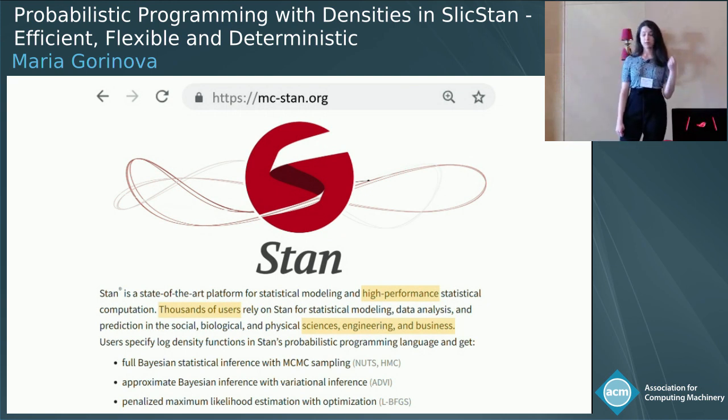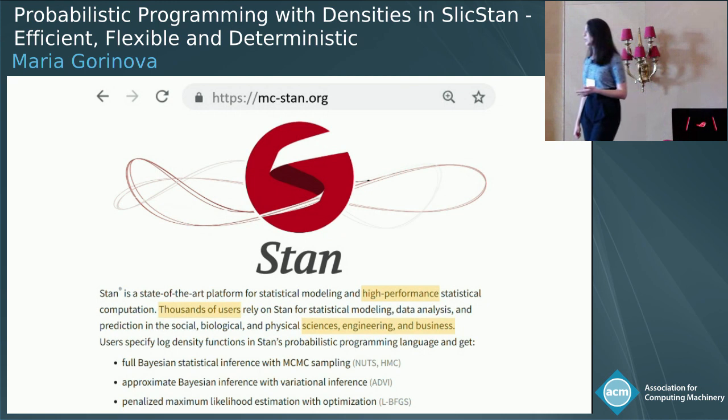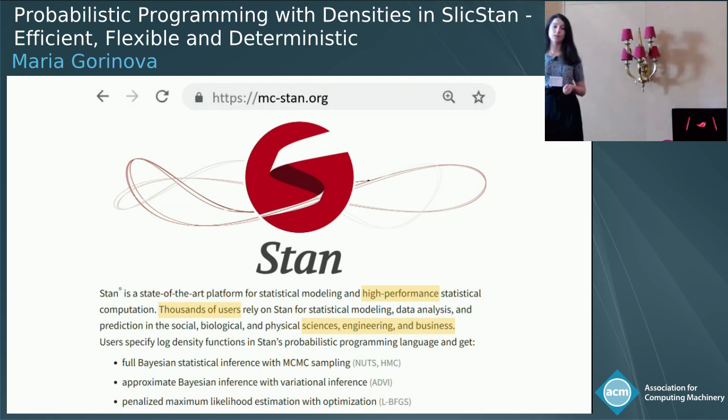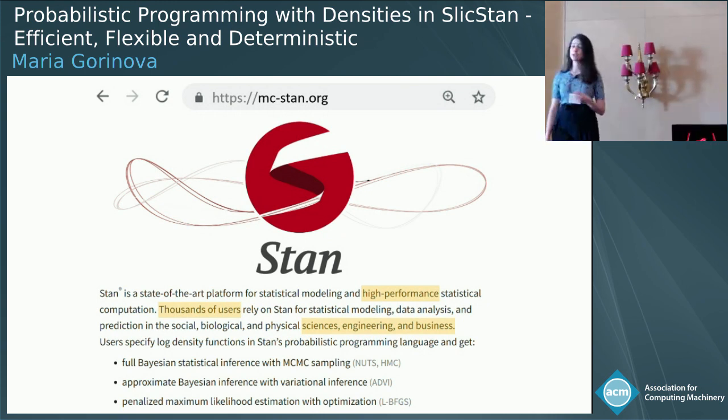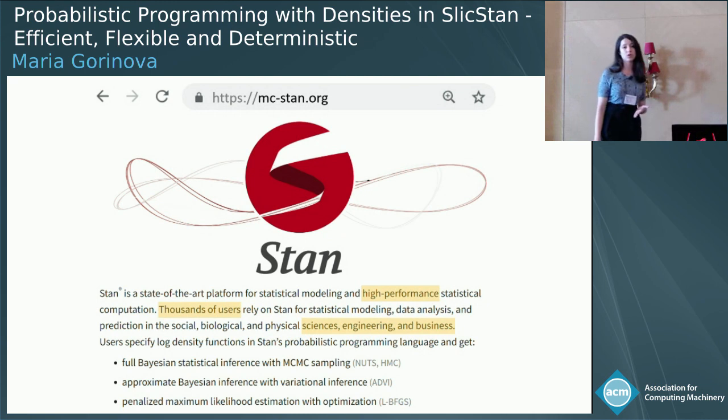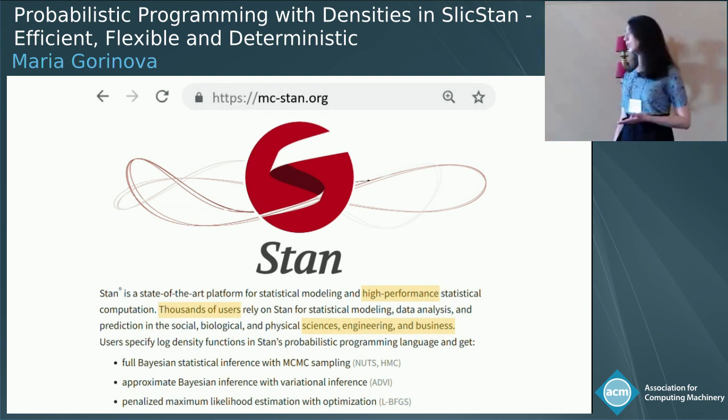If you were at Matthijs Vakar's talk at LAFI yesterday, you probably already know about one such tool, and this is the probabilistic programming language Stan. Stan is, again, an imperative probabilistic programming language which was developed in Columbia University, and it's increasingly used for many real-world projects in data science and statistics. It's used for scientific research, including in cosmology, evolutionary biology, and genetics. And it has many, many users.